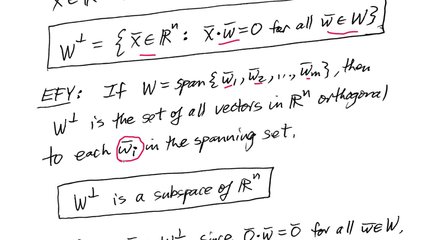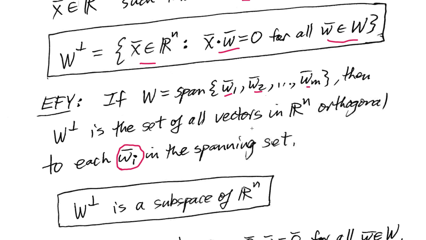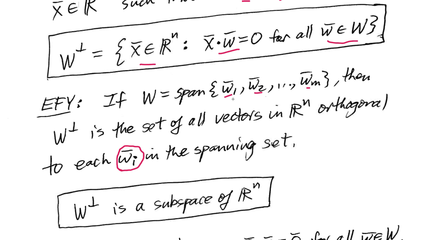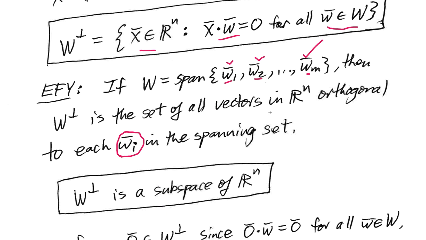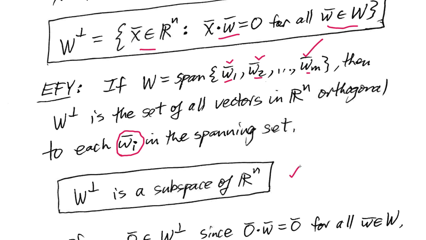That would be sufficient. Does that make sense? That's a little exercise for you. It's actually sufficient to consider all vectors that are orthogonal to every single one of these, if that's good enough to talk about being orthogonal to every single vector in the subspace W. All right, that's an easy proof.